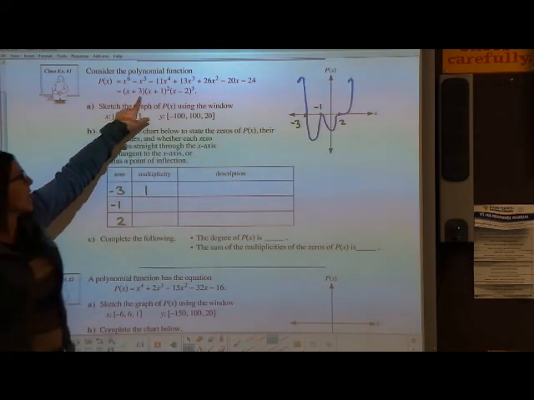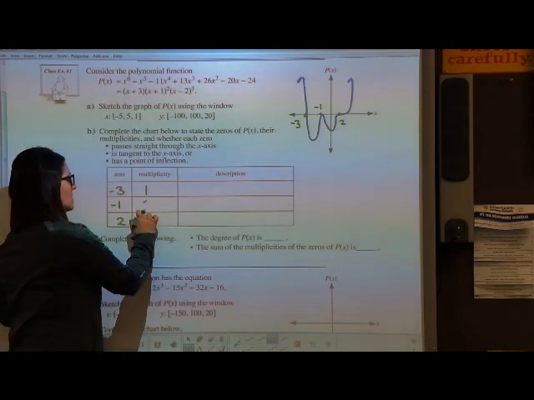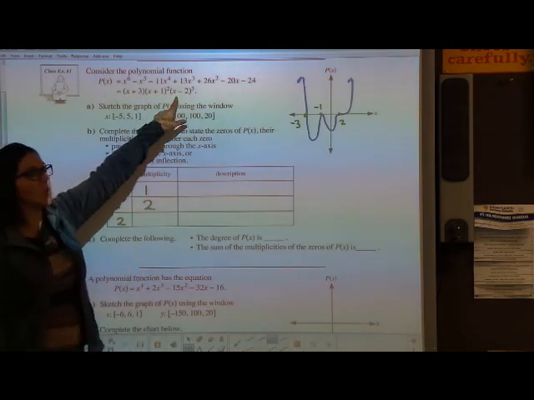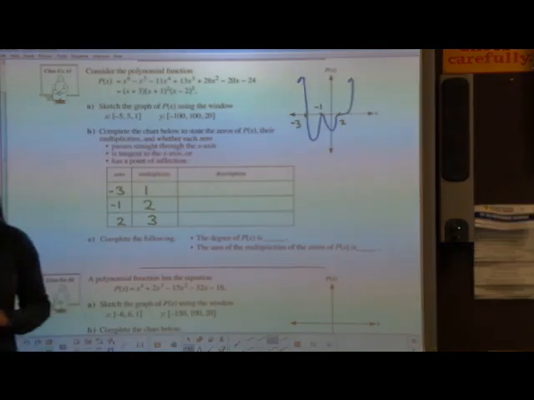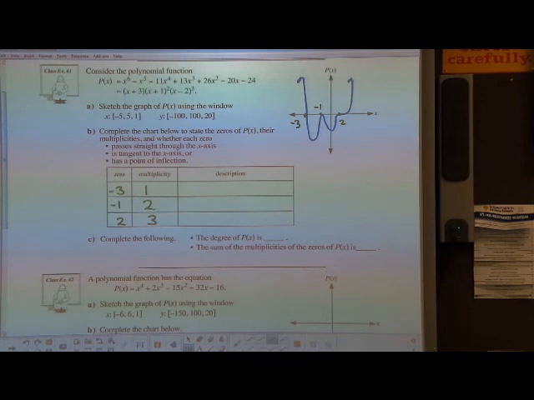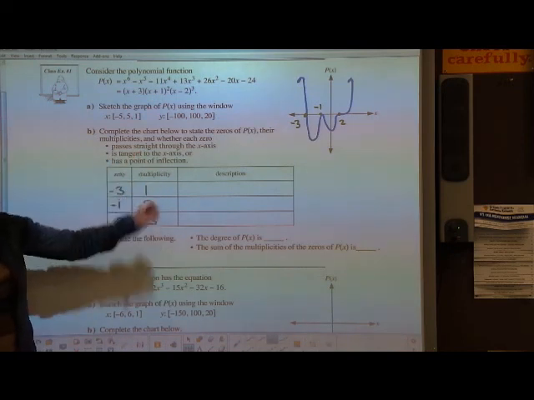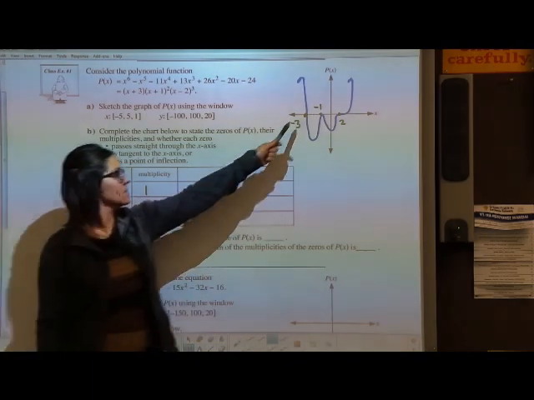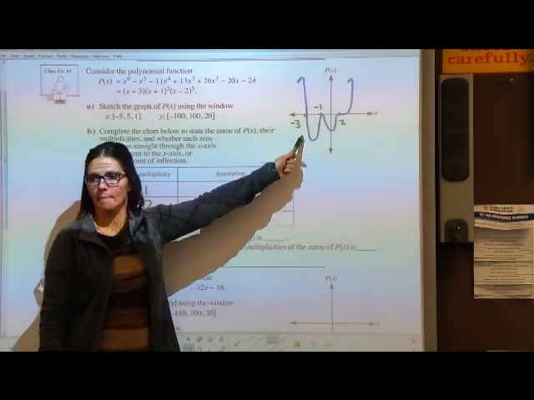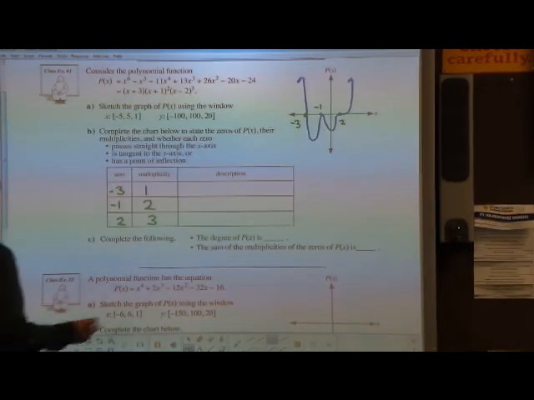What's the multiplicity of my x plus 1 factor? 2. And my zero of 2 has a multiplicity of 3. So my zero of -3, if I look at the graph, does the graph go straight through? Is it tangent, or is it a point of inflection? At -3, what is it doing? Passing straight through.